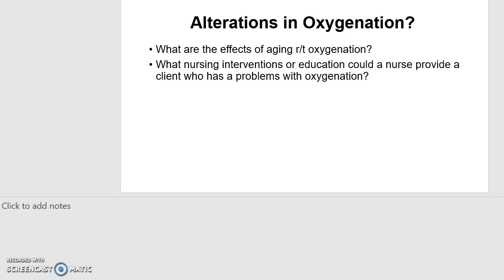When we talk about the next slide, alteration in oxygenation, remember that the elderly have decreased flexibility of all their tissues, so that includes their heart and lungs, and that can affect their oxygenation, their blood flow, their circulation throughout their body. Their breathing is different.